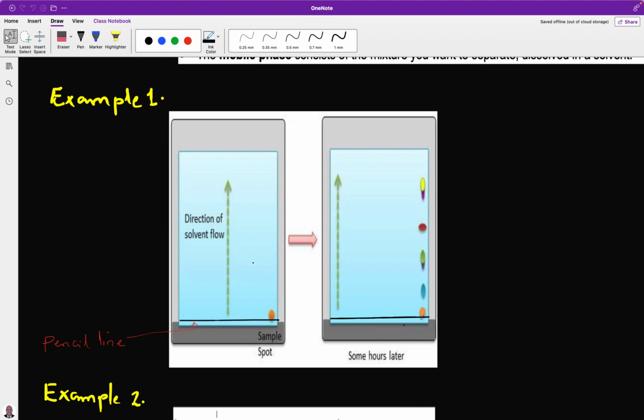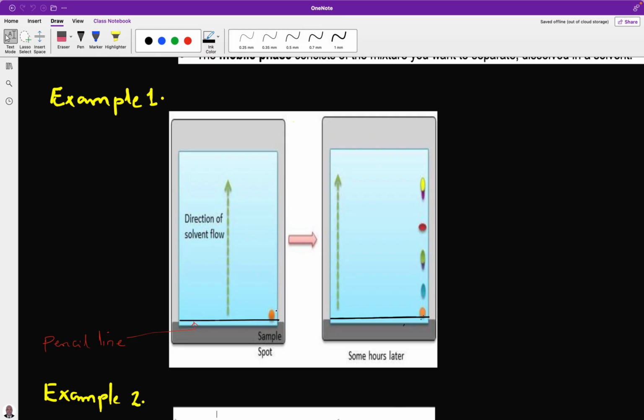It travels depending on the solubility of the components of the mixture. The more soluble the substance is, the faster it travels up the paper.